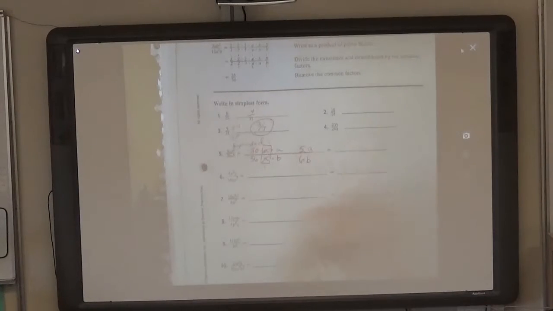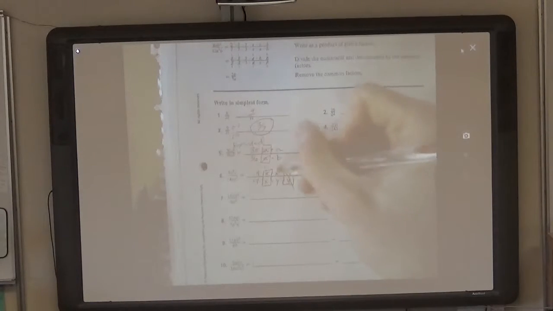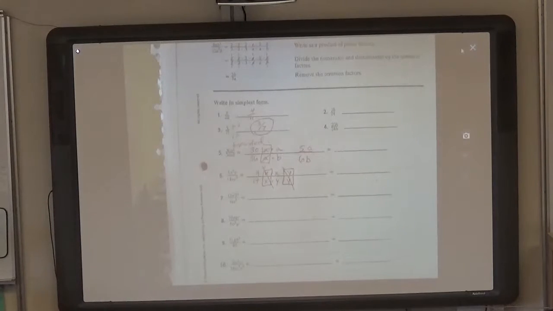Do the same thing for number 6. Write it in expanded form. 4 times x times y, and 14 times x times y times y. Then, anywhere where you have a variable on the top line and the bottom line, so you've got x over x and y over y, those cross out, they equal 1 over 1.